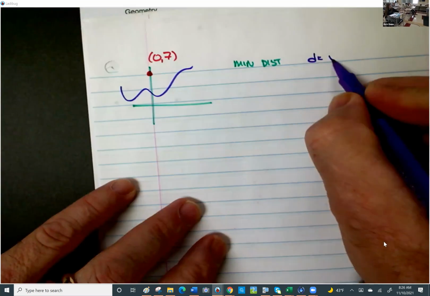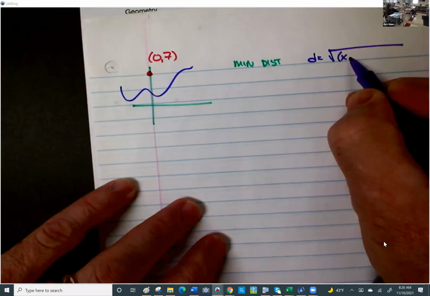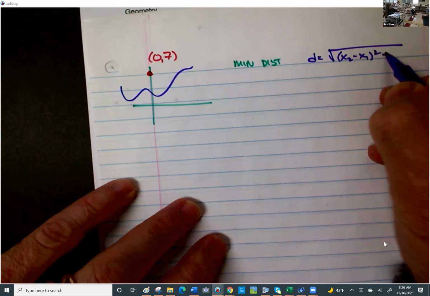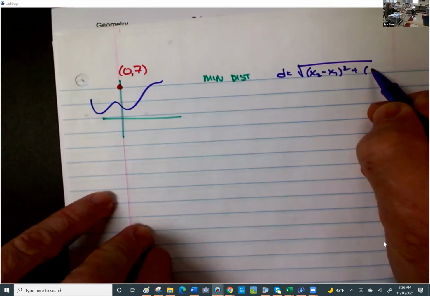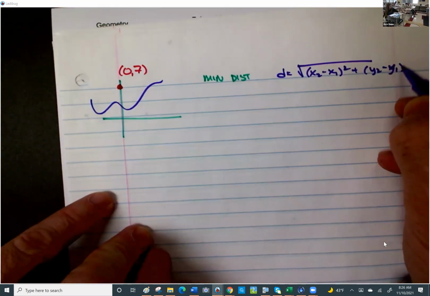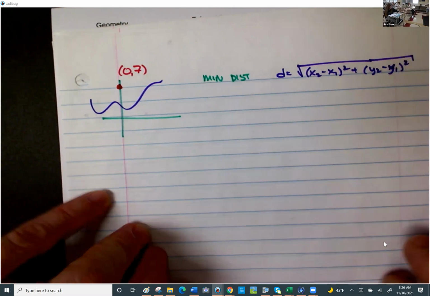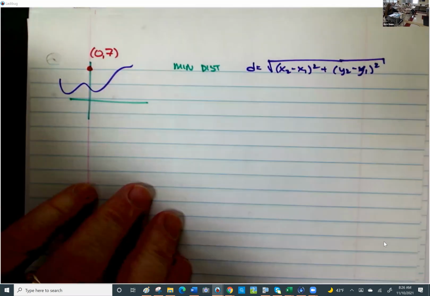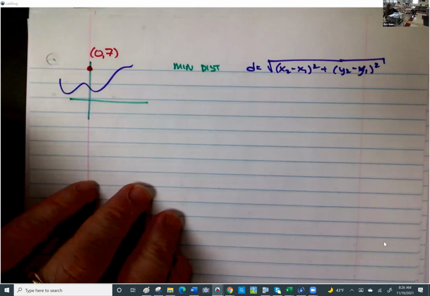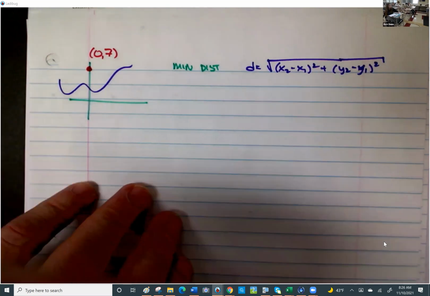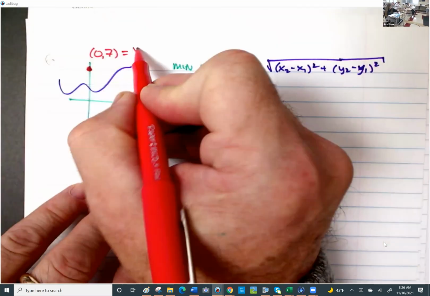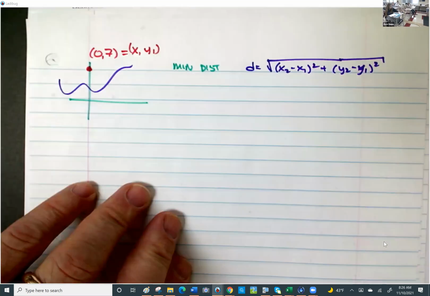Distance equals the square root of x2 minus x1 quantity squared plus y2 minus y1 quantity squared. This is our x1, y1 value.